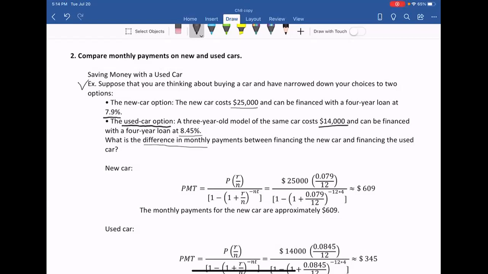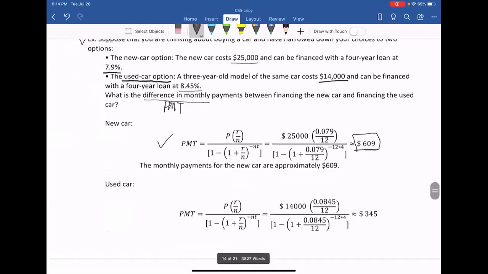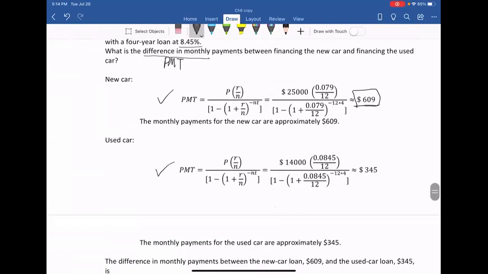So the difference in monthly payment, that means we are looking for PMT for these 2 options. We use the PMT formula to find that every month you need to pay for the new car is $609. And for the used car, every month you need to pay $345.